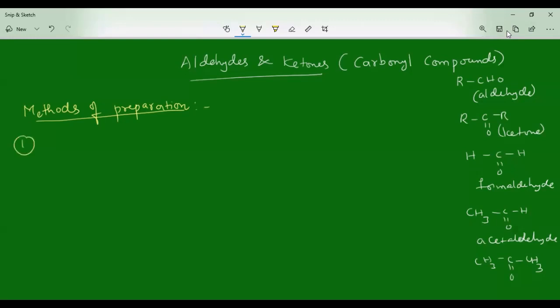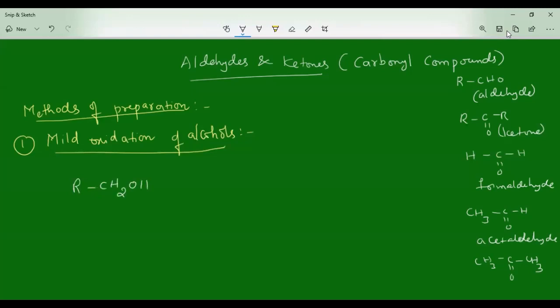That important preparation is called mild oxidation of alcohols. That means the methods of preparation of aldehydes or ketones. For example, if you take alcohols, the general formula is RCH2OH.